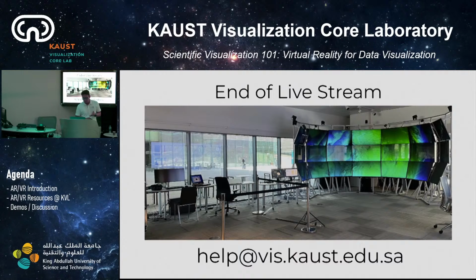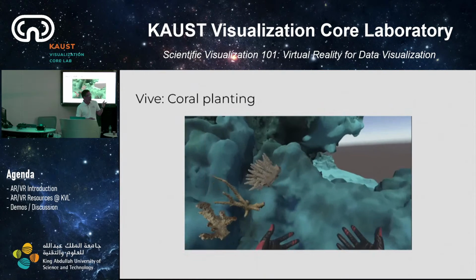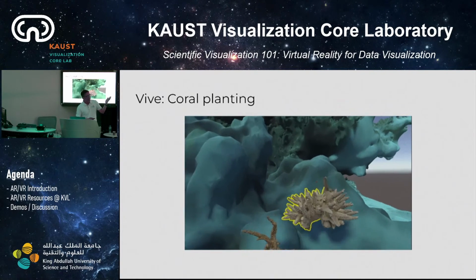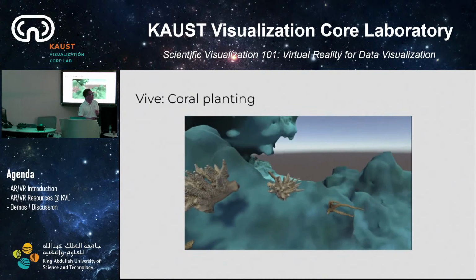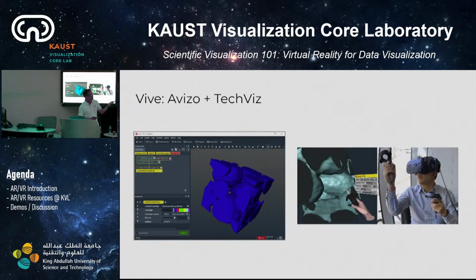So for those in the live stream, I'm going to end it here, but maybe I show you the other things we will try in the showcase. So if there's time, we're going to try this out, the coral planting using the VR headset. This one as well. So the Aviso plus TechVis license only works in 3 places here in KAUST.